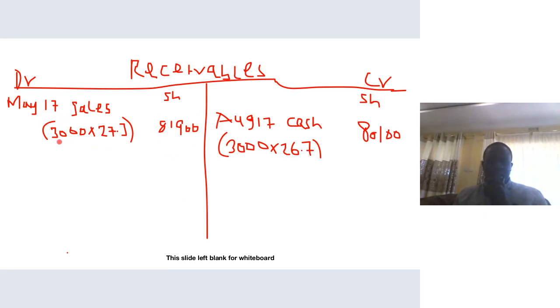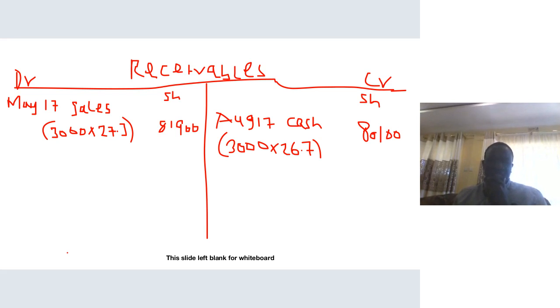But when they are paying just the 3,000, we are exchanging it at 26.7 in August. So if you compare these two amounts, there is the 80,100, there is the 81,900. So the difference here will either be an exchange loss, or it can be an exchange gain.